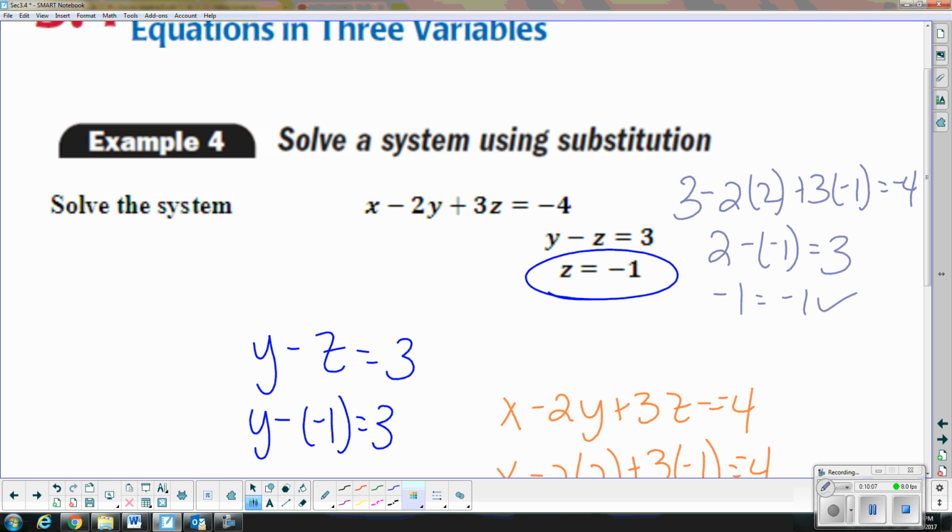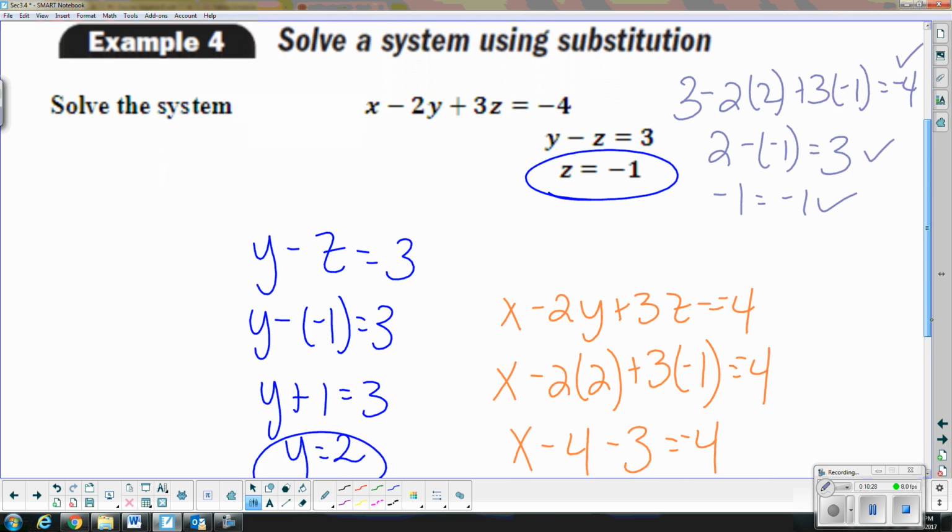Well, -1 equals -1, that was a given. 2 plus 1 equals 3. 3 minus 4, that's -1. -1 minus 3 is -4. Yes, all 3 of those check out. So always super important, go back and double check your work. But that's all the linear system using substitution.